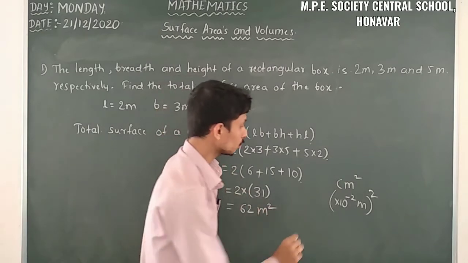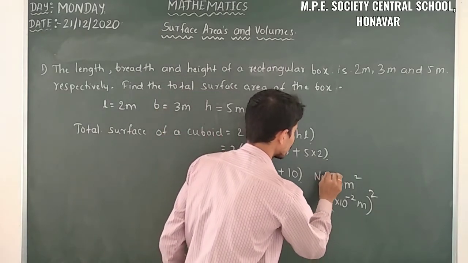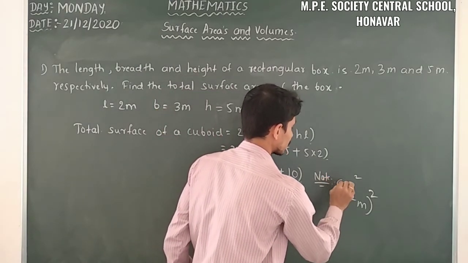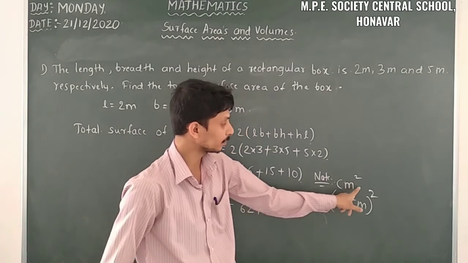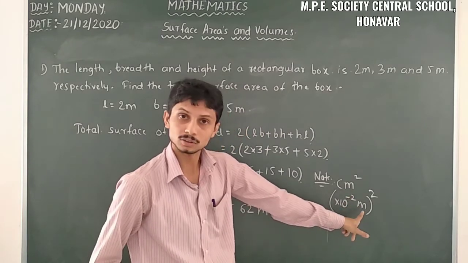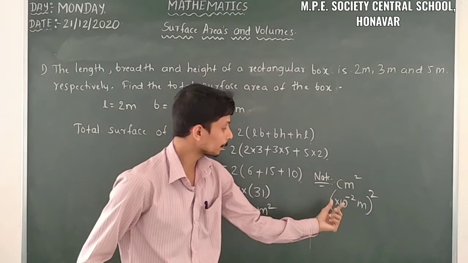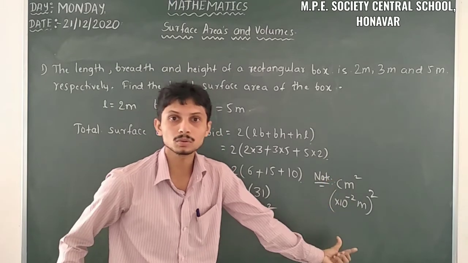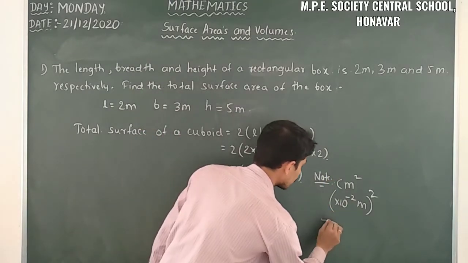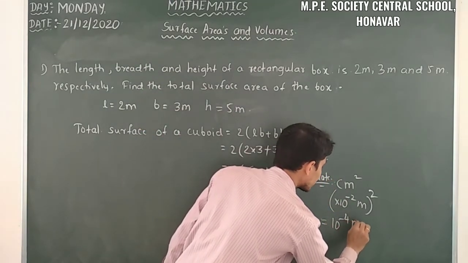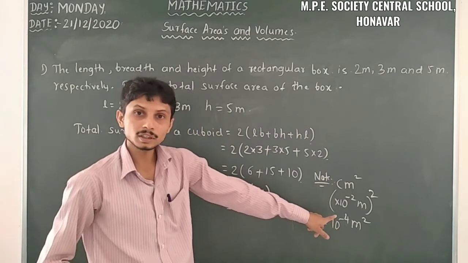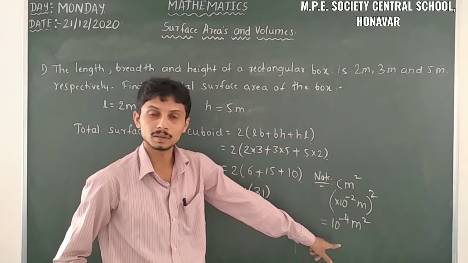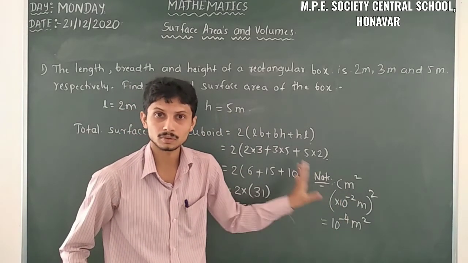Just write it in the note here. Sometimes we have a situation where centimeter square means 10 raised to minus 2 meter whole square. This square belongs to 10 raised to minus 2 also. So the answer will be 10 raised to minus 4 meter square. Don't neglect these things when we have centimeter square, millimeter square.